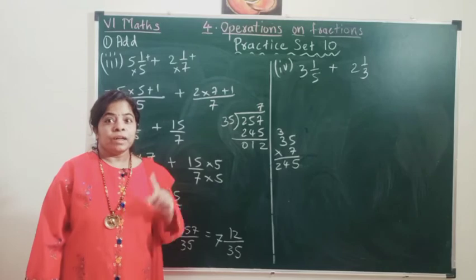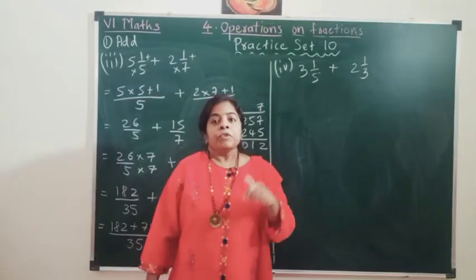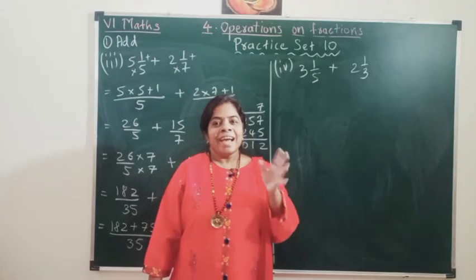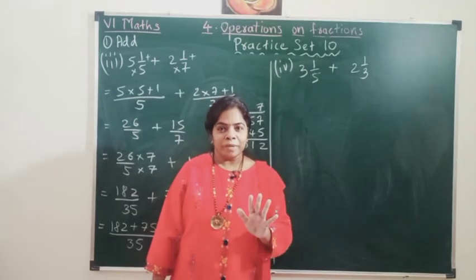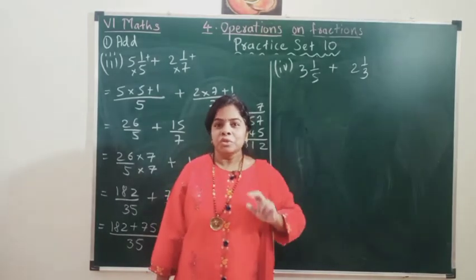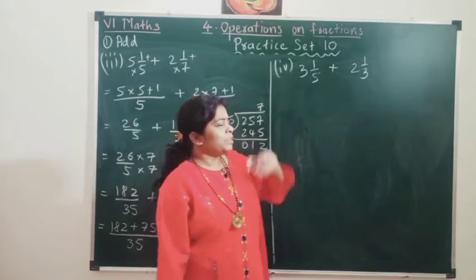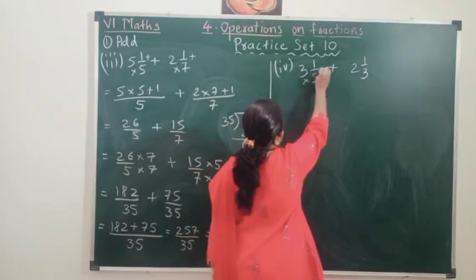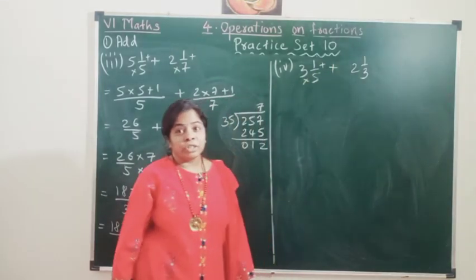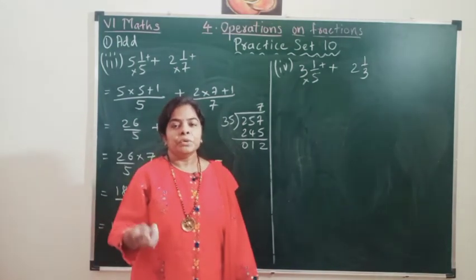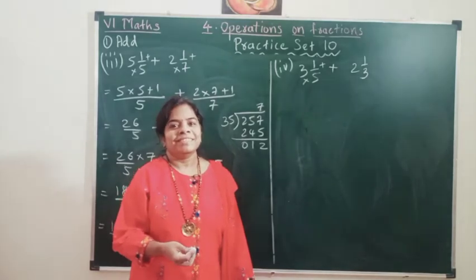Now let's move to the fourth sum. First we will convert the mixed fractions into improper fractions and then we will see whether the denominators are same or not. We'll ask ourselves those two questions. But I don't see the fractions same. Into and plus, the same method, children, for converting mixed fraction into improper fraction.